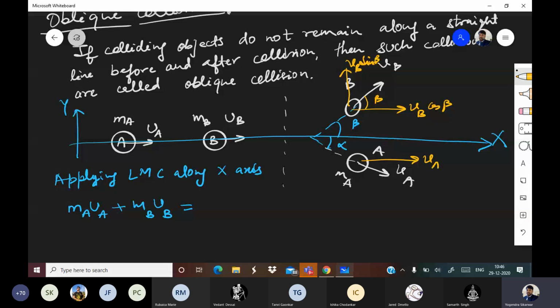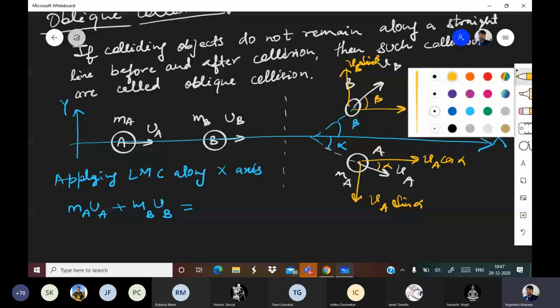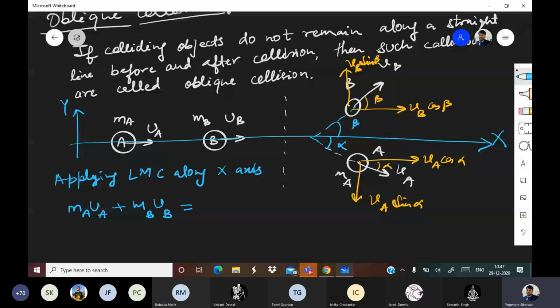Similarly, this will be VA cos alpha, this will be VA sin alpha. So now we can write MAUA plus MBUB is equal to MAVA cos alpha plus MBVB cos beta.